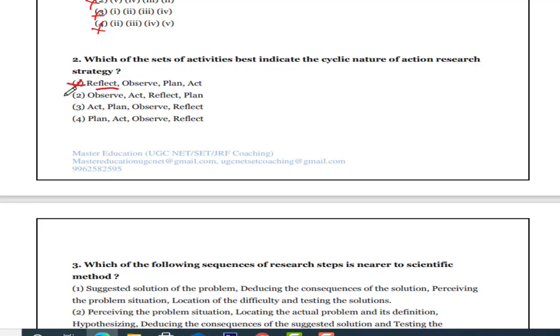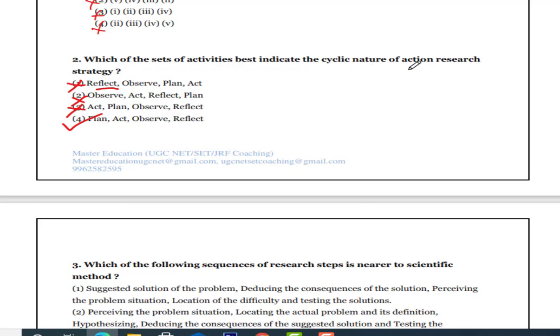So we just ignore this. Initially we won't act. First of all, we will plan, right? So act won't come first. So we will plan, then act, then observe, and then reflect. So option 4 is the correct answer.